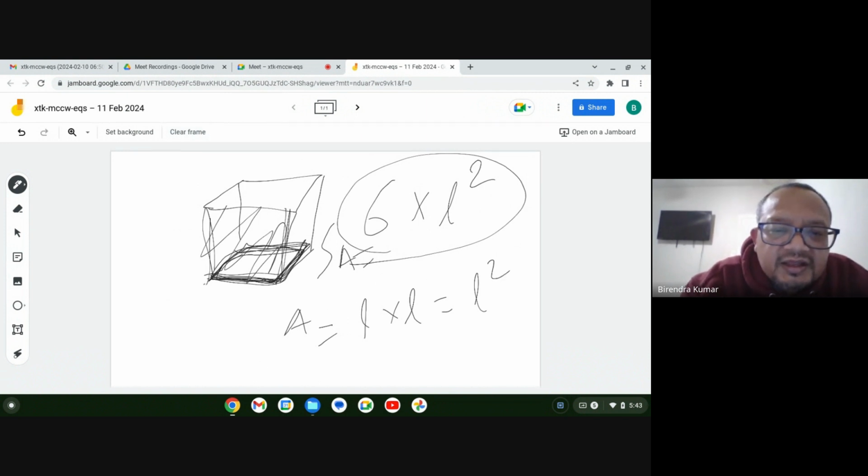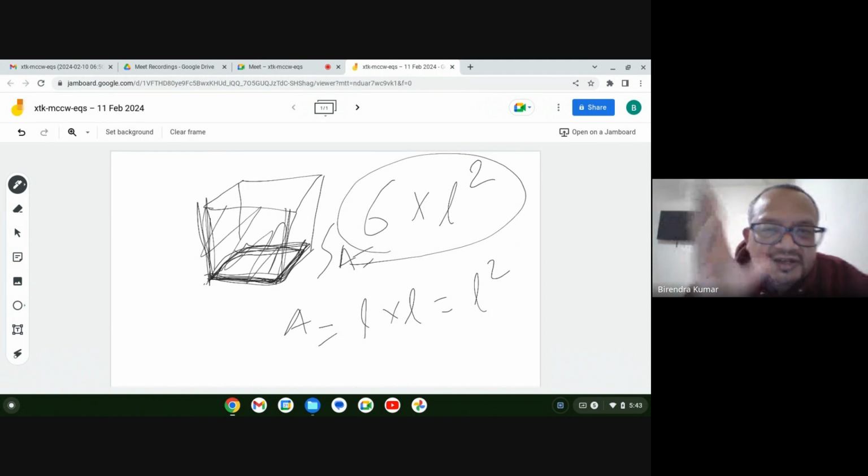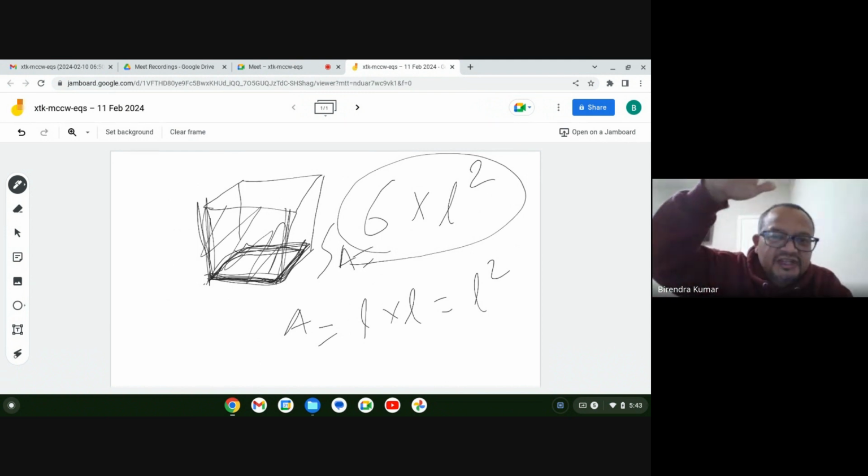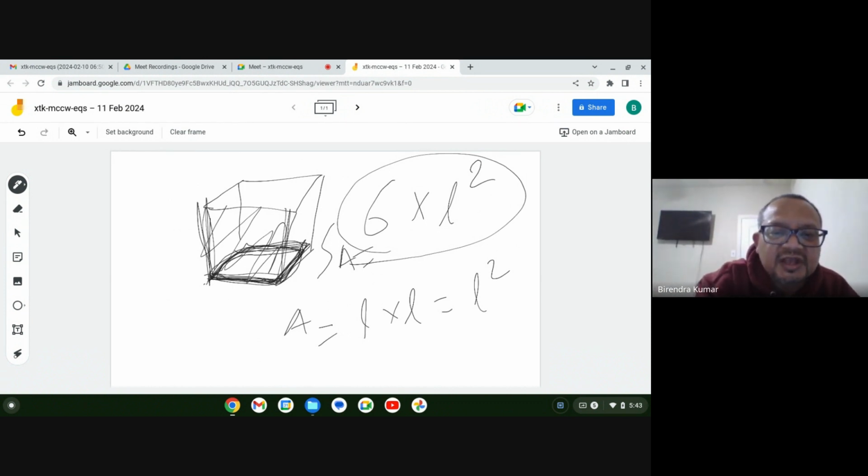Then I have to multiply that by height, like we did in the case of a cylinder. We found the area of the base, which was pi r square, and multiplied that with h. That gave me the total volume. Here also, I'm finding the area of the base and multiplying it with the height. So here my height is also length, same length, width, height, everything is the same.